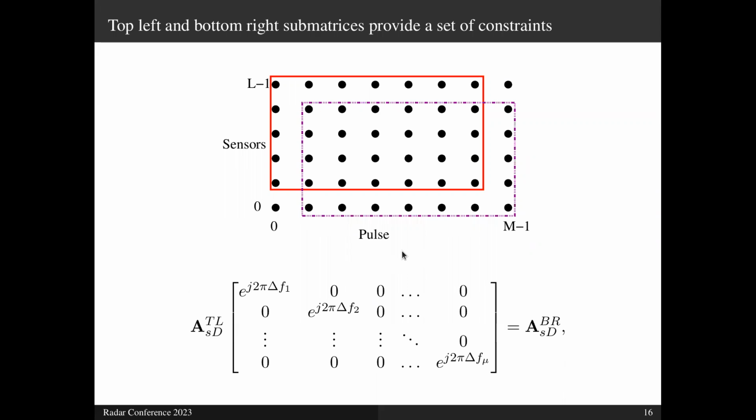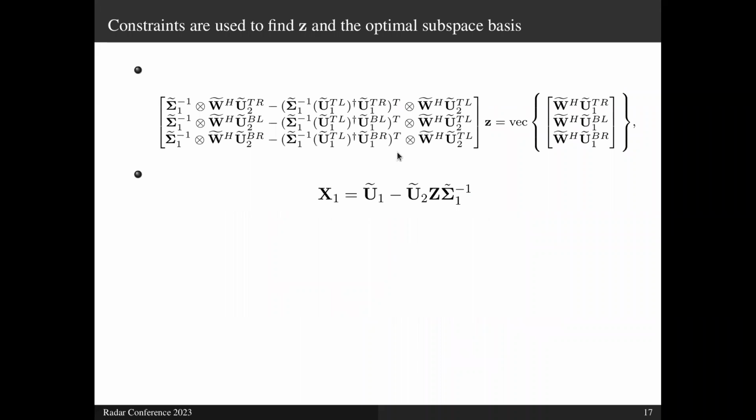So we get a set of constraints, and if we combine all those constraints and put them together, we get this matrix equation. It looks a bit complicated, but we can solve for this vector z using the min-norm method. Once we have the solution for z, we can reshape it into matrix form, which we need to find the optimal subspace estimate X1. So we find X1 in this manner, and this is the signal subspace basis.